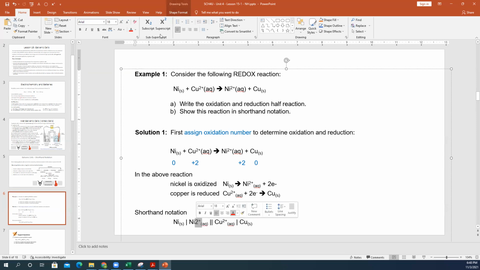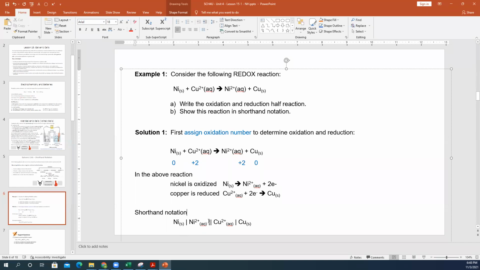I'm just going to fix this since I'm here right now. Okay, good. So yeah, nickel is oxidized to nickel ion.